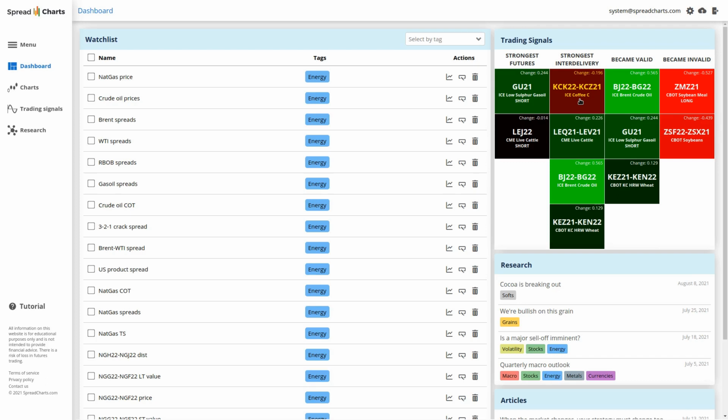And you are probably interested in the color, what the color means, and also the change value in the top right corner of each tile. Well, the change is simply the difference in the strength of the signal over the previous day.